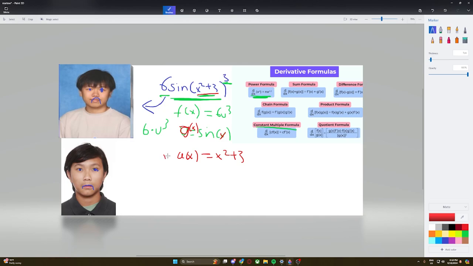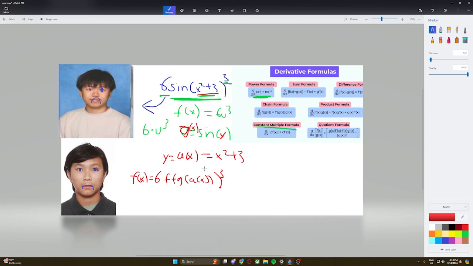Then y equals, and if you write out the actual equation, it would be f of x equals 6 times f of g of a of x, cubed. Oh my god. Isn't that scary, chat?